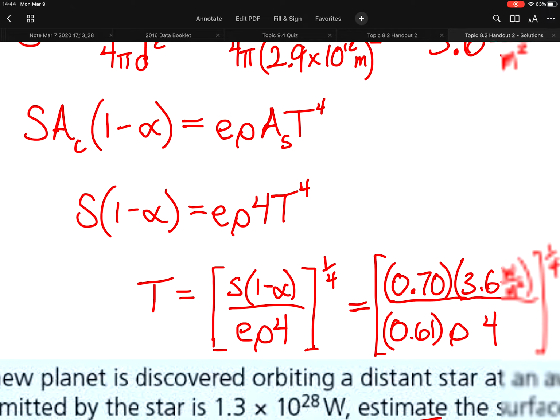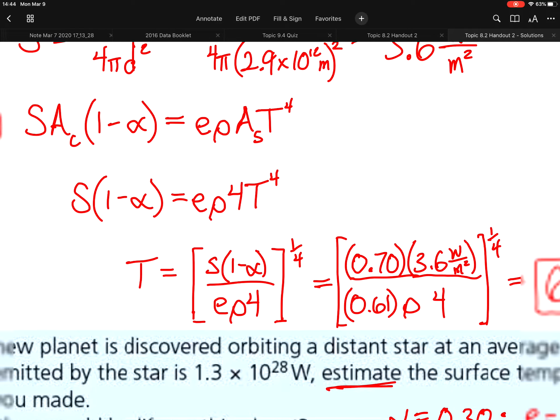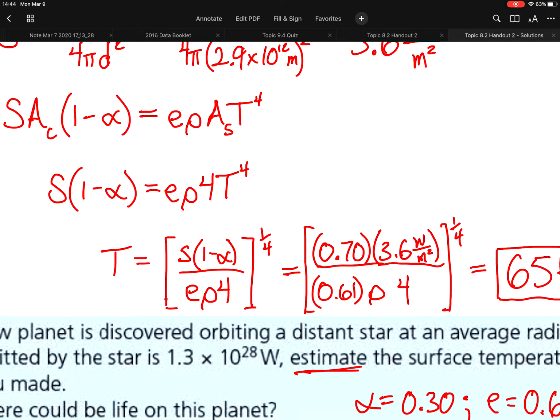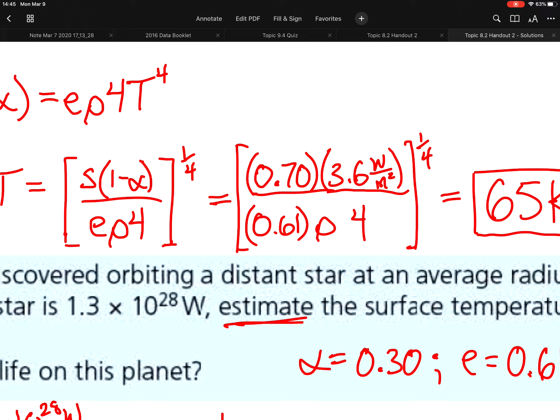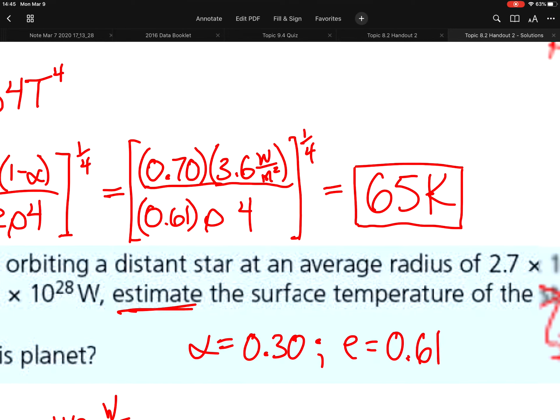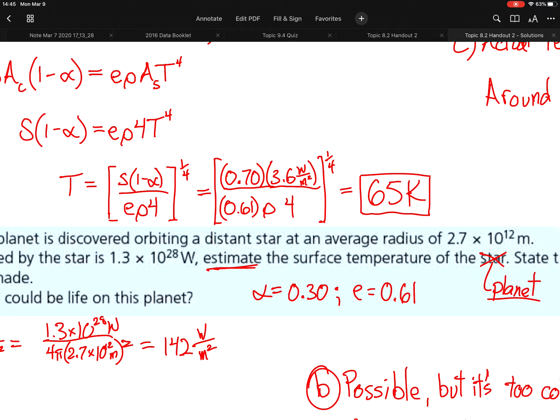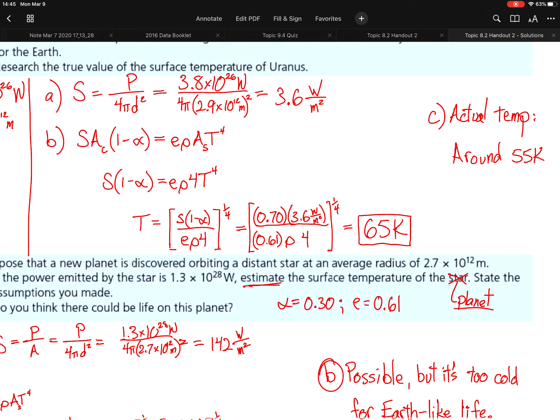I'm kind of moving fast through the math here, as you can see, but when I solve the equation for temperature, you will get this value, and we plug in our numbers, and you will find that the temperature of Uranus is about 65 Kelvin.